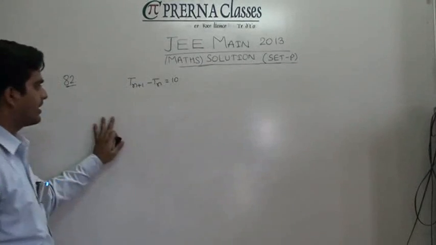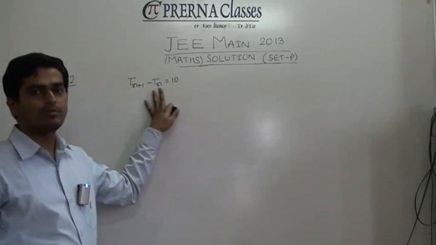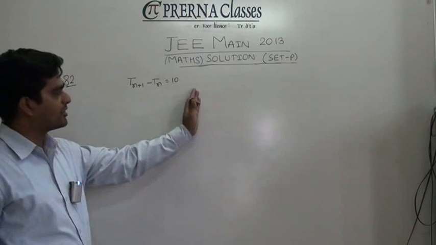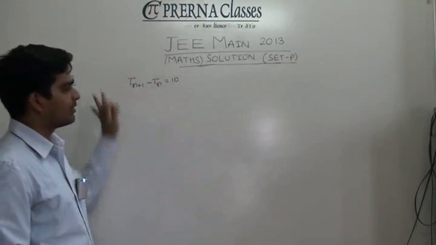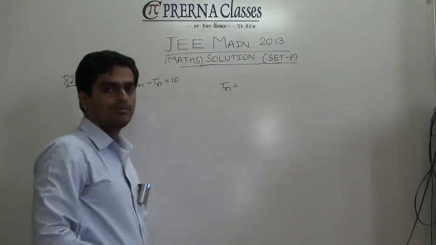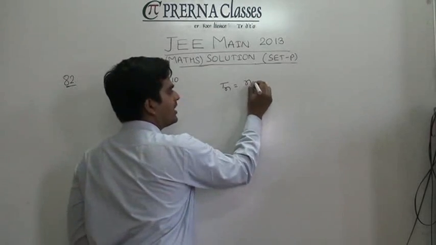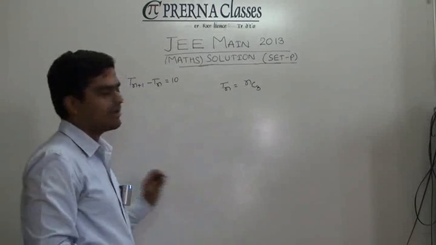Okay, in the 82nd one, it is given in the problem that Tn denotes the total number of triangles formed in a regular polygon of n sides, and then this information is given and we need to compute something about n such that this statement works out. First of all, if you look at the number of triangles in case of a polygon, if we select randomly any 3 vertices out of n, we'll end up getting a triangle.